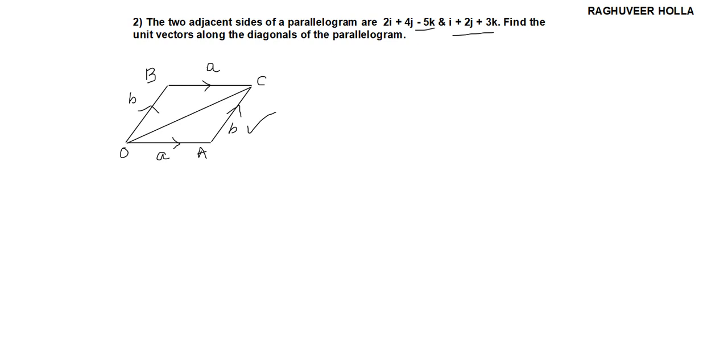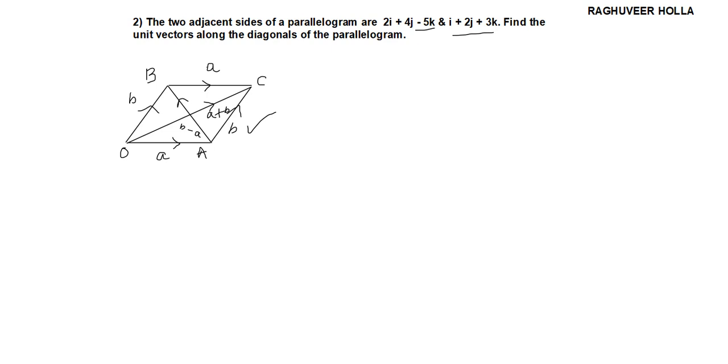Now when the direction is from here to here, this being A plus B. Now if I consider the diagonal from here to here, if I draw that, the direction from A to B, this would be B minus A. Okay, now we got this.